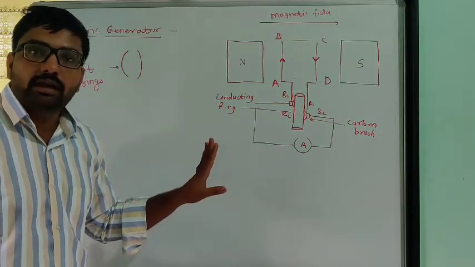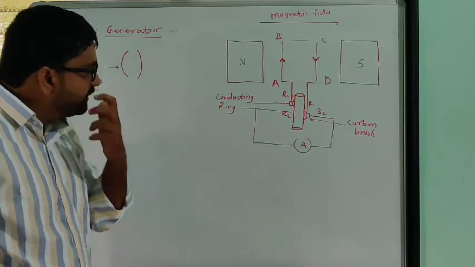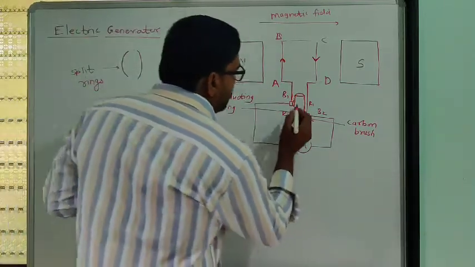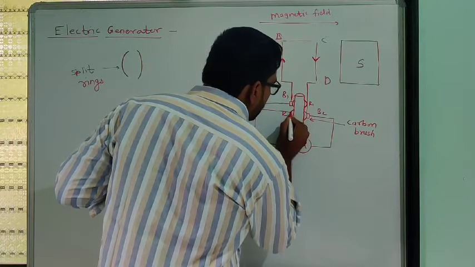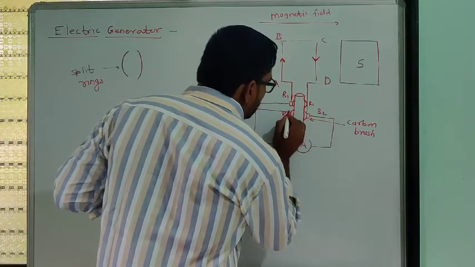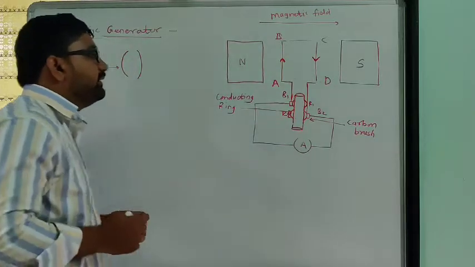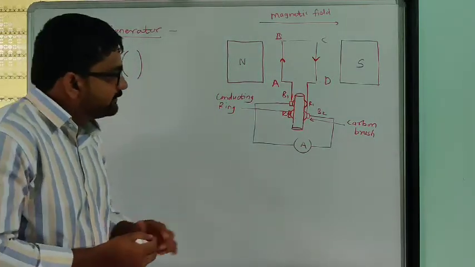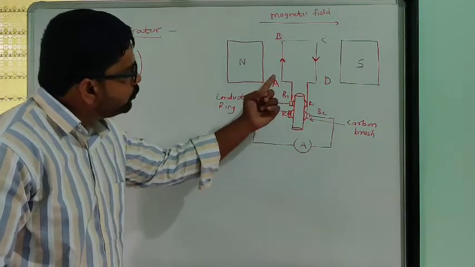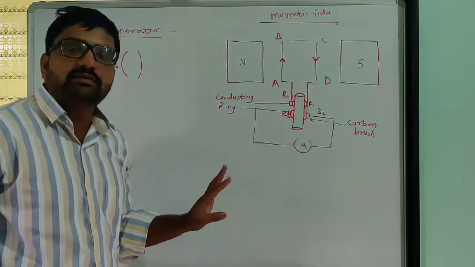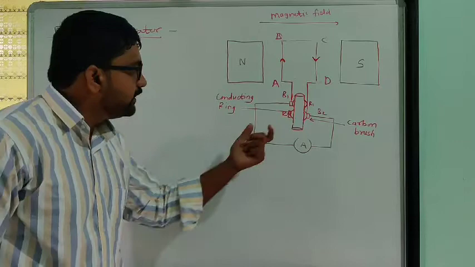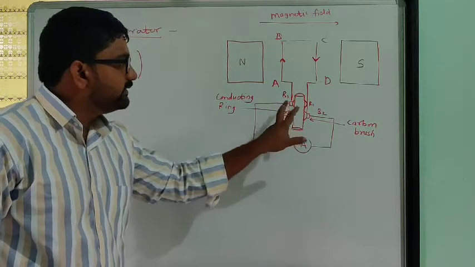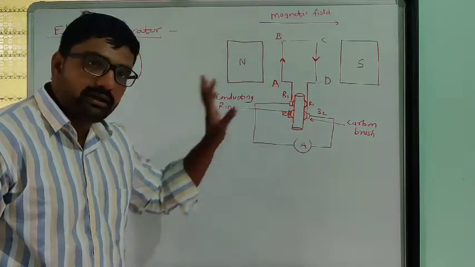As the rotation of this axle or motion of the coil takes place, the direction of current does not change by using the two split rings present over here.